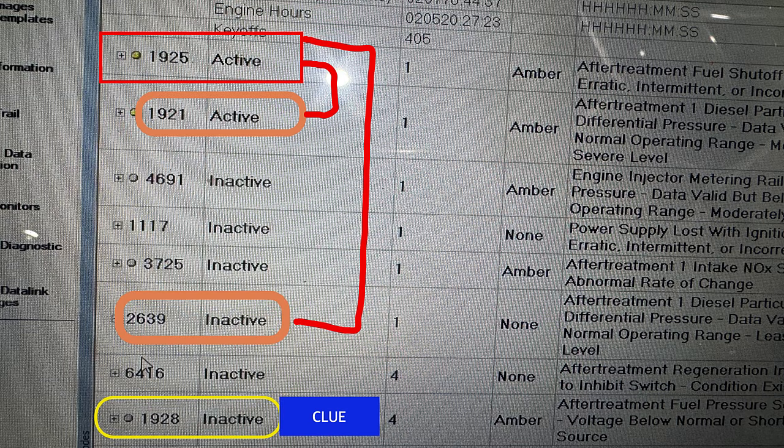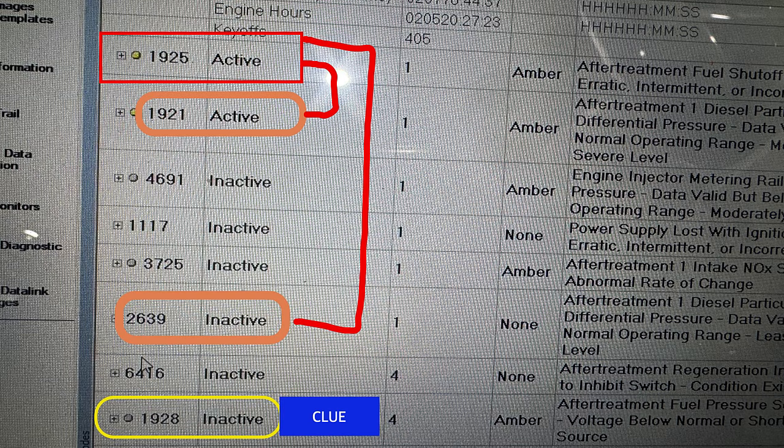So if you keep driving, eventually 2639 will come active, and then after that eventually 1921 will become active. And if you keep on driving, 1922 becomes active, and then you have to tow the vehicle because you're locked at 5 miles an hour.